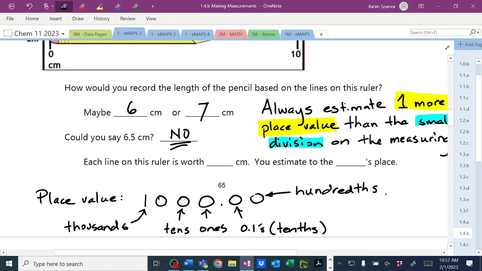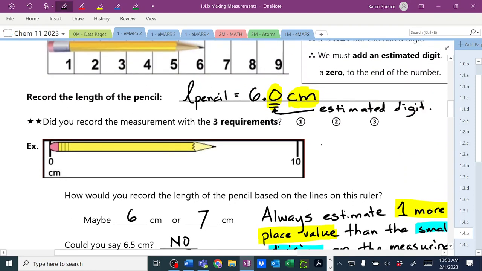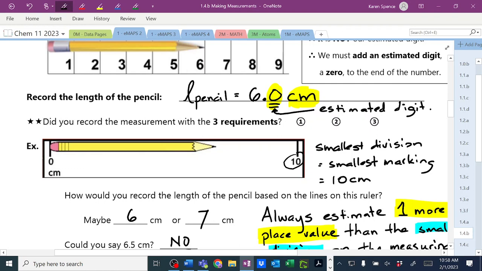So when we look on our ruler, what the heck is this smallest division? The smallest division on this ruler means what's the smallest marking? On this ruler, we only got one marking, so the smallest division is 10 centimeters.